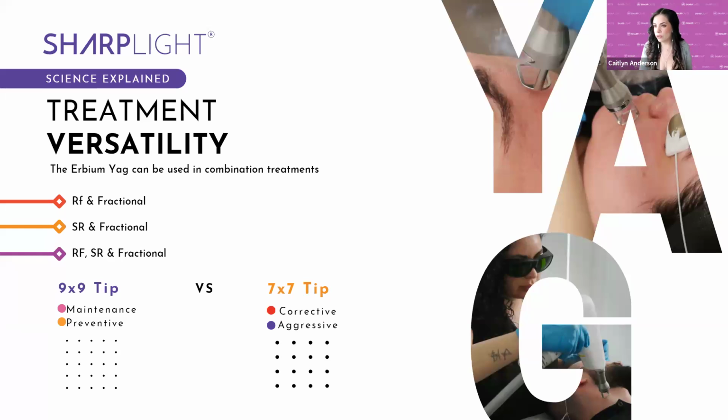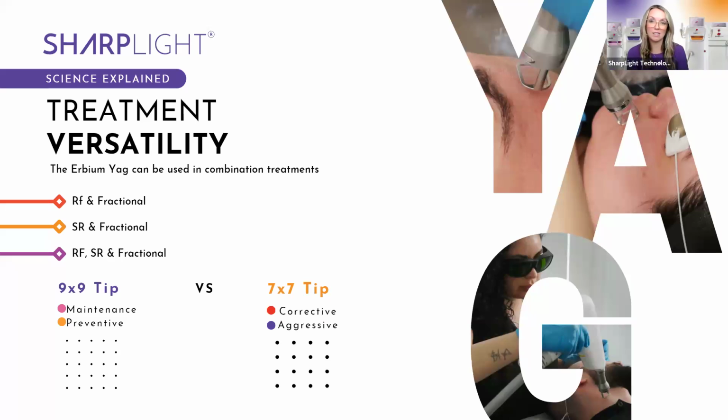There's more heat infusion, more stimulation and inflammation post-treatment. There's a little more downtime because the holes are larger, so there are fewer holes, but they're larger, and so more heat infusion, more resurfacing, more corrective. It's technically more aggressive. So if you are dealing with acne scars, stretch marks, or a lot of pigmentation, you might need to use a 7x7 to get the process going in treating the concern.